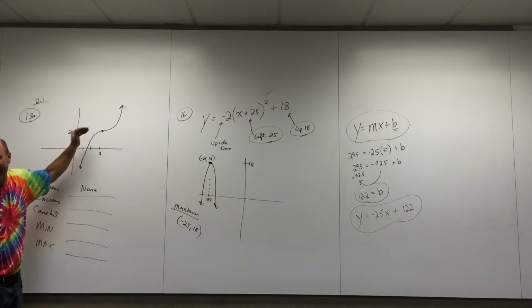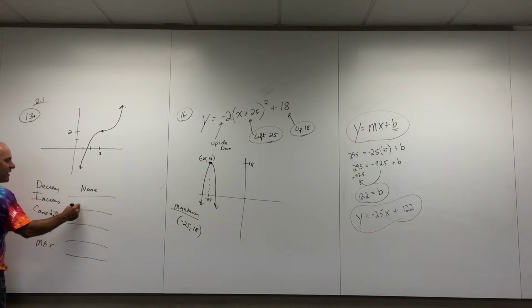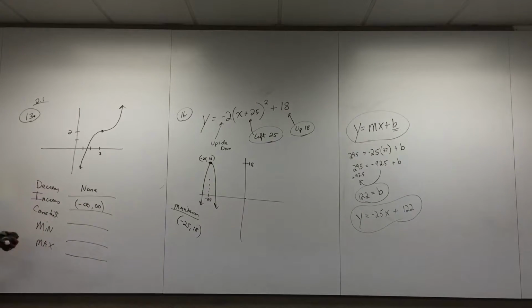It only was flattened for a second. So I would say it's always increasing. Negative infinity to infinity? Yes. I'm asking for an interval where it's increasing, and you're right, it would be all real numbers, or negative infinity to infinity.